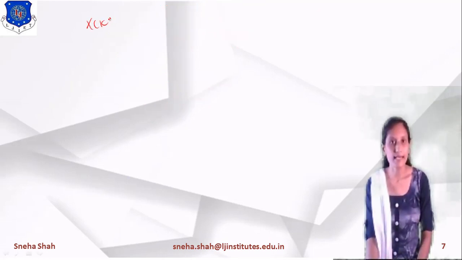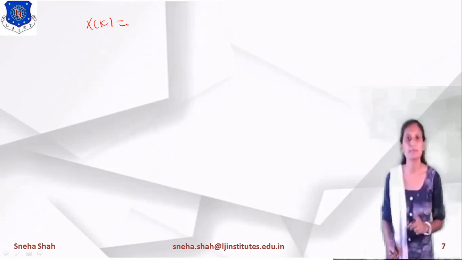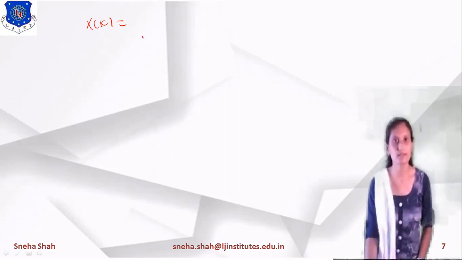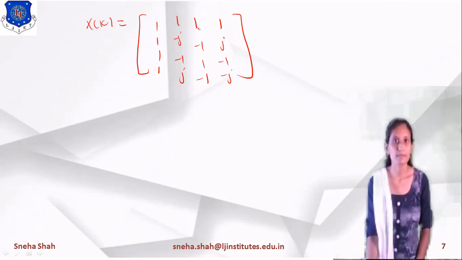So starting with this x of k, how do we find x of k? As you solved the example of DFT in the last session, by using the twiddle factor matrix, we take 1, 1, 1, 1. The first row is 1, minus j, minus 1, j. The next rows are 1, minus 1, 1, minus 1, and the last row will be like this, right?